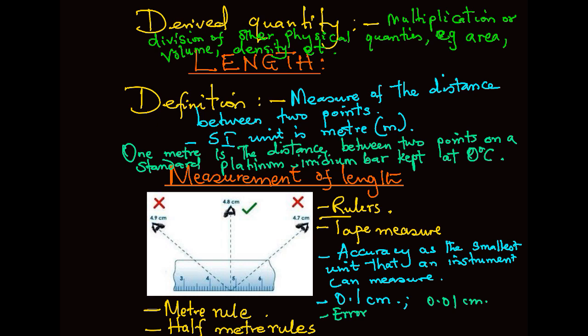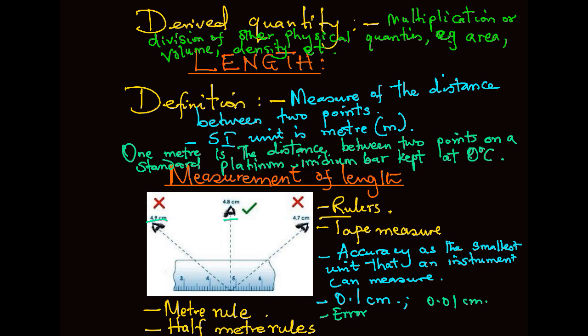So, as illustrated in the diagram, the eye should be placed at 90 degrees or perpendicular to the scale, so that if the eye is placed to the left of the 90 degree calibration, then we end up with a reading of 4.9 centimeters instead of 4.8.